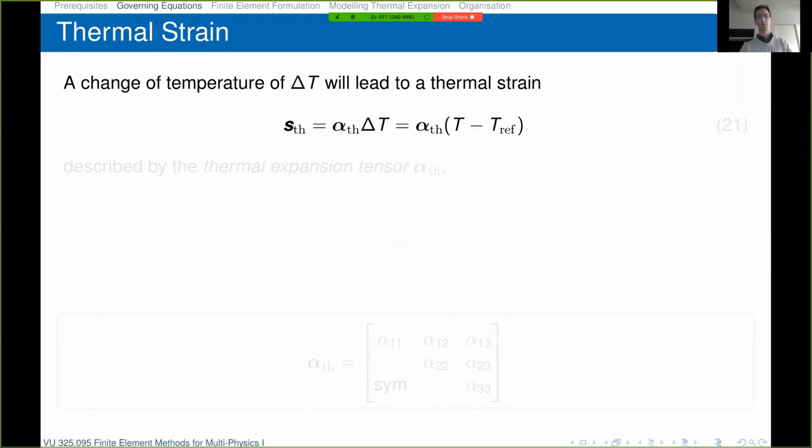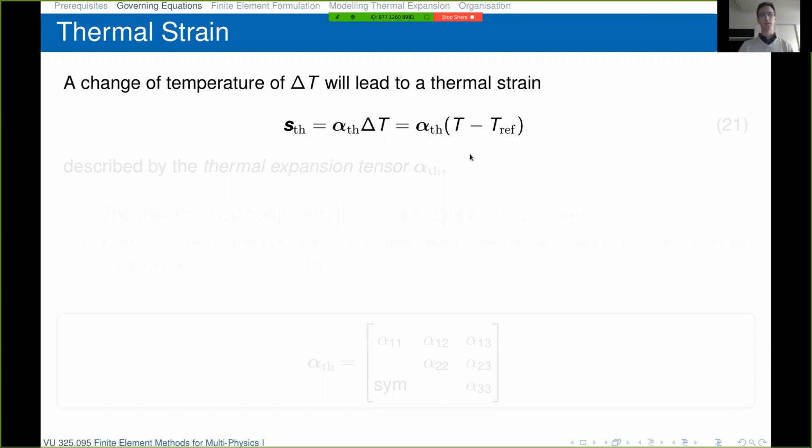And this thermal strain, denoted here by S thermal, so this is again a strain tensor, can be described in the simplest manner by a thermal expansion tensor alpha thermal times the change in temperature delta T. And usually the change in temperature is given by some reference temperature that we know, which is strain free, and the current temperature T. So this difference drives our thermal strain.